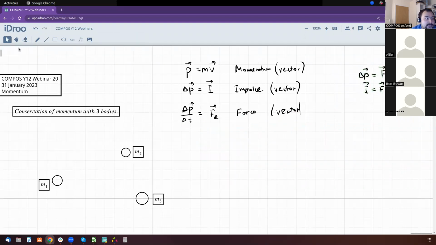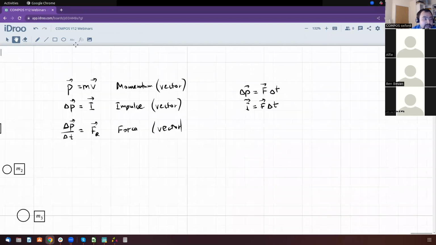As a matter of fact, as we will show later today, impulse is also the integral of force dt. You can see that these are actually very similar.